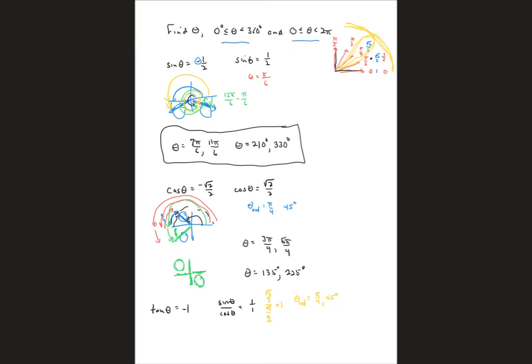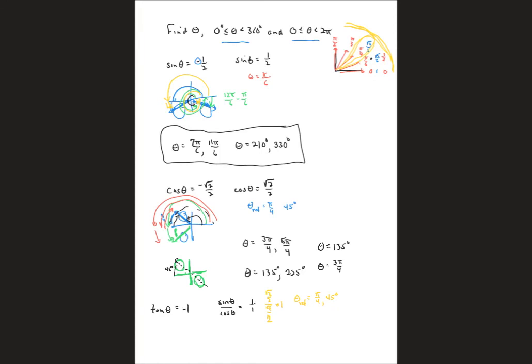So in quadrant 2, that angle, remember our reference angle is 45 degrees, or pi over 4. So in degrees, that's going to be 180 minus the 45. That's back to 135. In radians, that's going to be pi, which is 4/4, minus 1/4. We'll make that be 3 pi over 4.